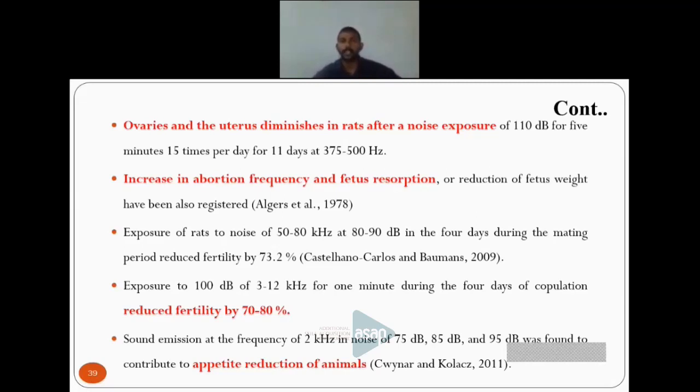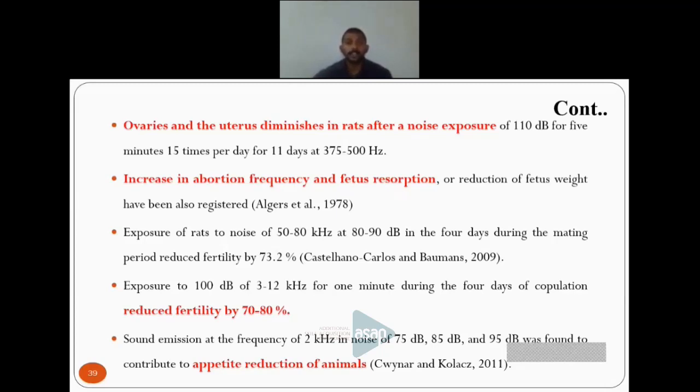The study was already conducted. Exposure of rats to noise of 50 to 80 kilohertz at 80 to 90 decibel for 4 days showed a reduction in the fertility of the rats.